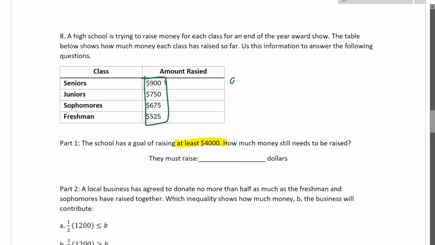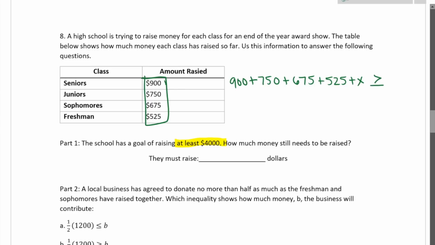So I'm going to do 900 plus 750 plus 675 plus 525 plus x, because I still need to add money. We already know that. It says it right here in the problem, how much money still needs to be raised. So I'm going to need an x.